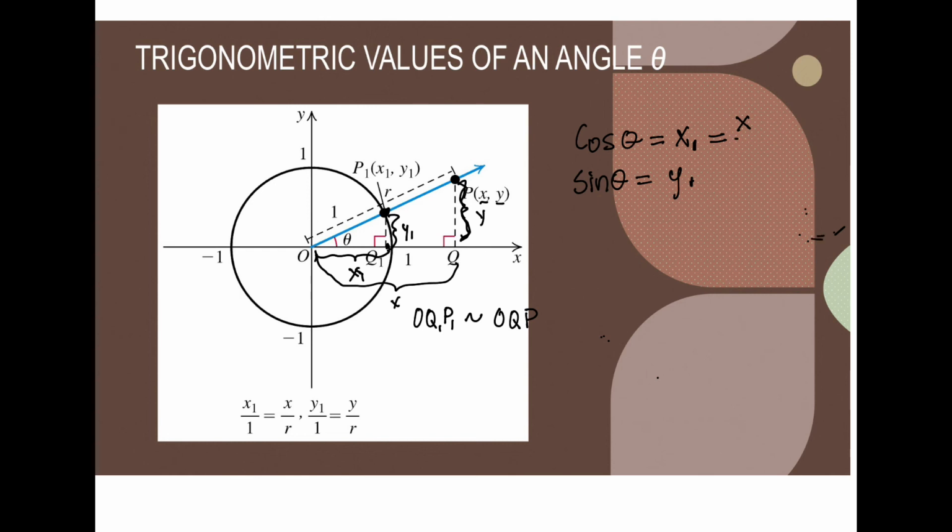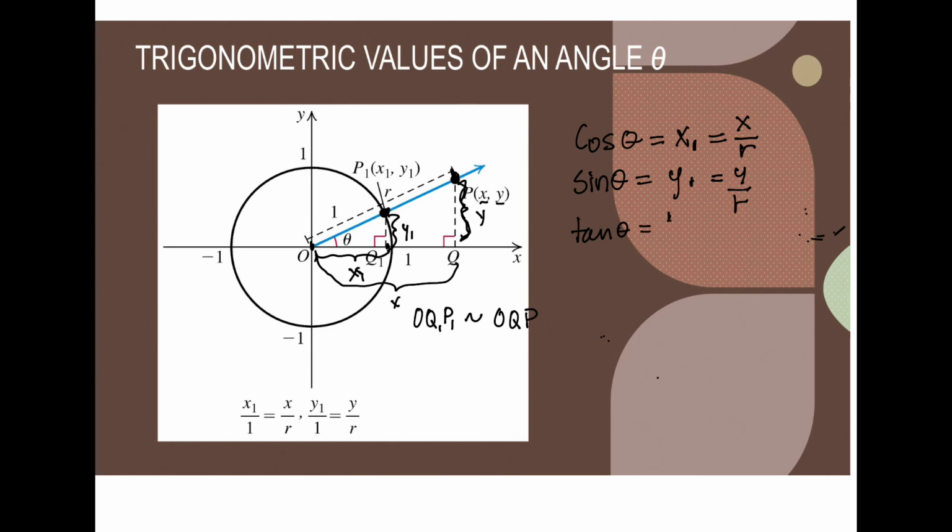Cosine theta would be x over whatever the r is, r being the distance from here to another point along here, xy. And the sine would be y over r. And these would be equal to the x, which is also equal to the cosine of theta, and the sine of theta. This remains true for tangent as well, and all the other iterations which are reciprocals of these.